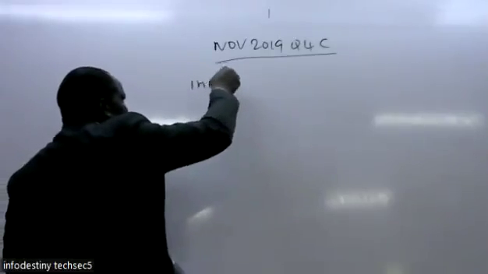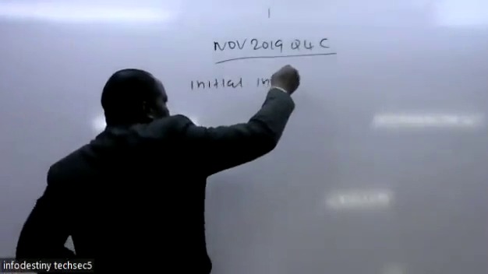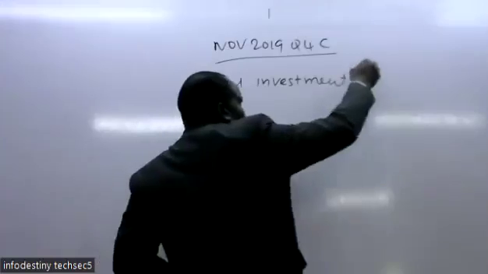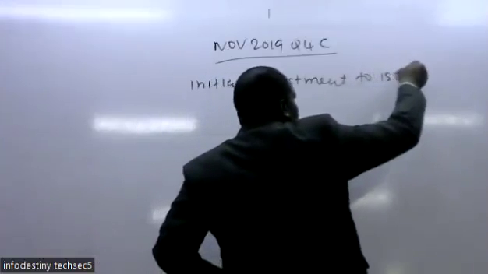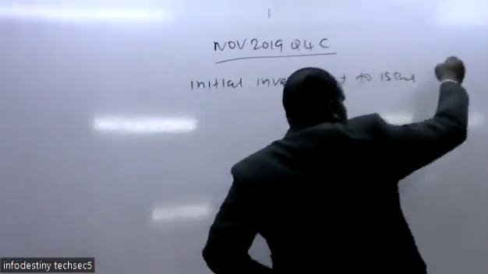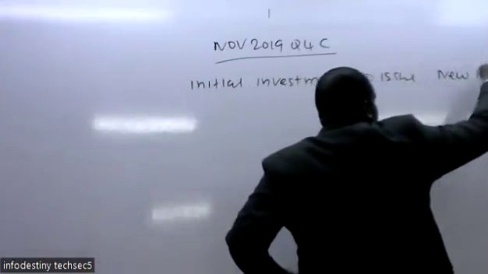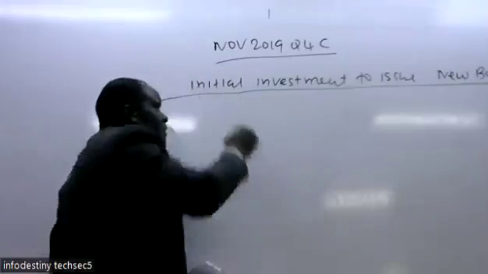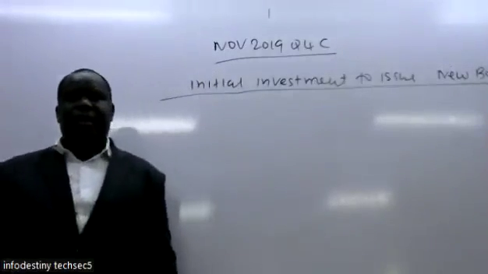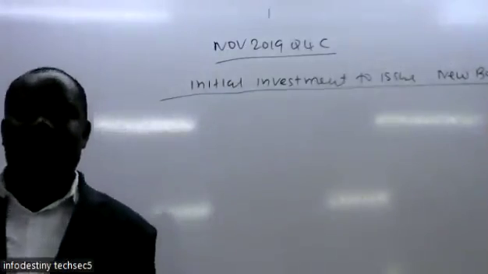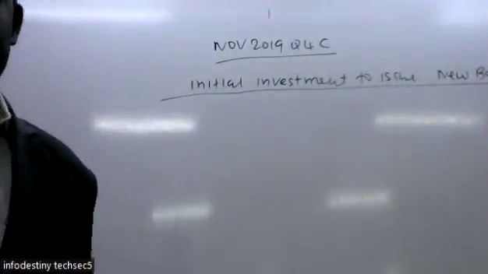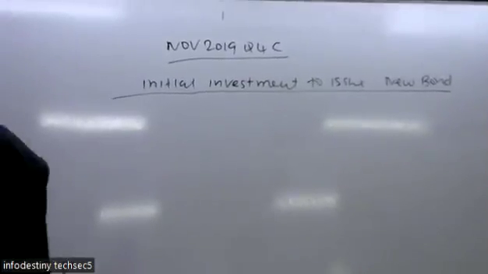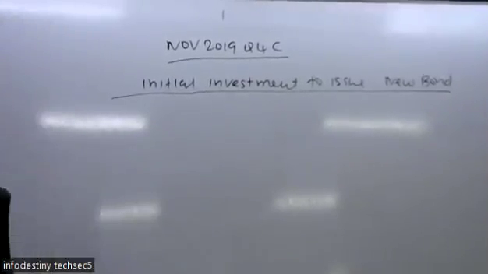So we are looking at the initial investment to issue the new bond. Those costs are basically the penalties, the discount and the issue cost that we normally incur when we are issuing the new bond.